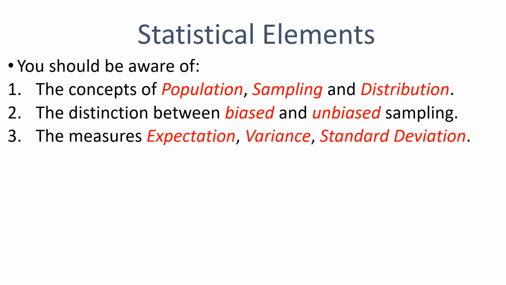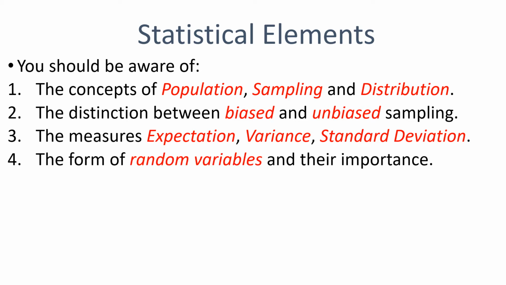You should be aware of what these measures of expectation, variance, and standard deviation are actually describing, what they're trying to capture. You should know what exactly a random variable is doing.